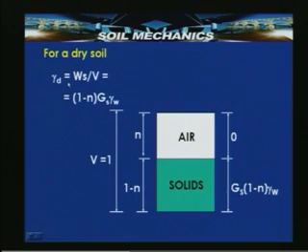So, the dry unit weight of soil is the weight of solids divided by total volume, which is Gs into (1 minus n) gamma w. In this way we can use the unit volume approach to establish relationships between different volume ratios and weight-volume ratios. Now, let us look into a problem using this unit volume approach.